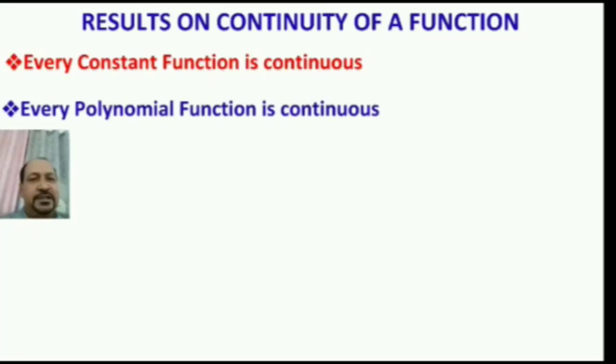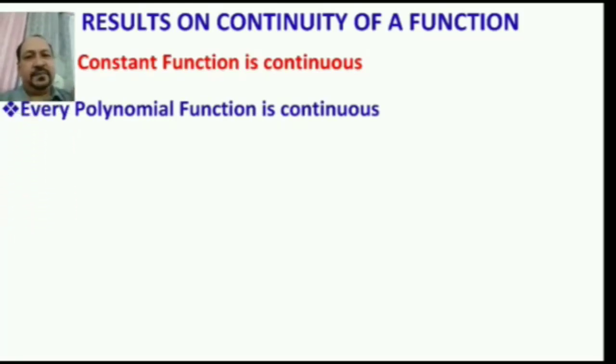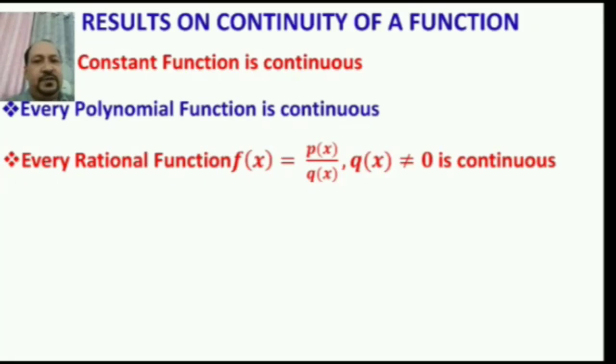Every polynomial function is continuous. Suppose f(x) equal to x plus 5. It is a polynomial function, so it will be continuous. Every rational function f(x) equal to p(x) upon q(x), where q(x) is not equal to 0, is continuous.